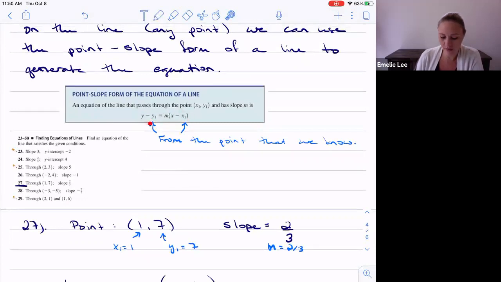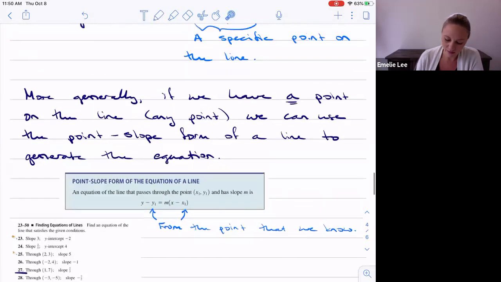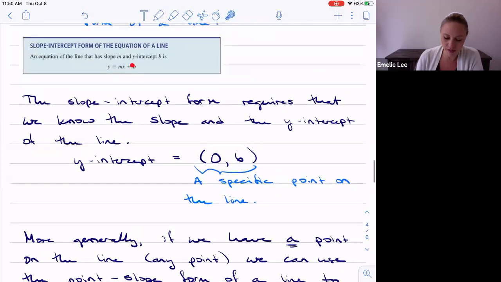We can go from the point slope form of a line to the slope-intercept form of a line, because like I said, the point that we know in the slope-intercept form is this very specific point of 0, b, right?